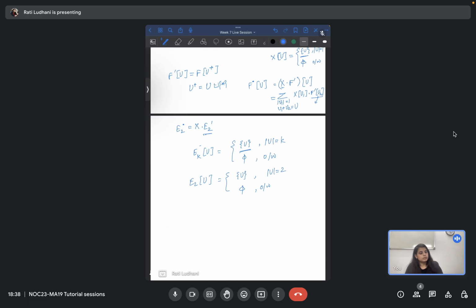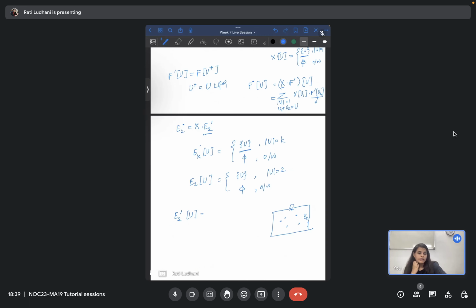Okay, so when you want to calculate e2 dash, so e2 dash of u, what does dash do? Dash gives, or I can write this, an extra element star. So you have some structure E2 and then you put a star into it.